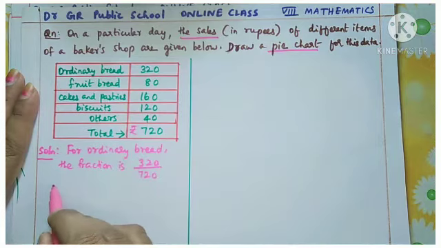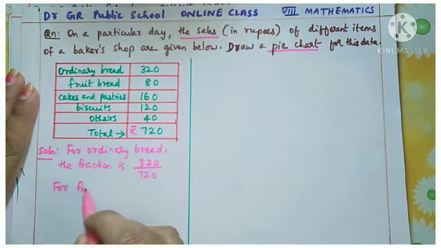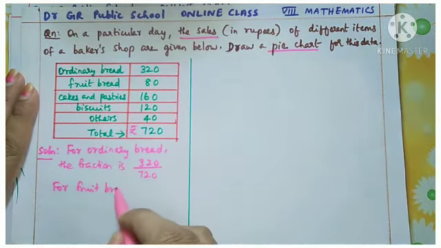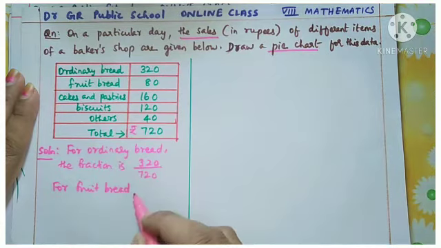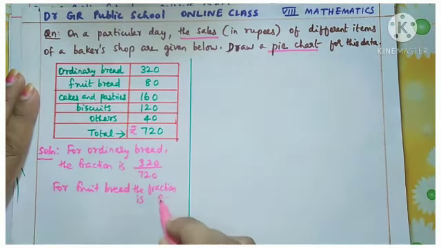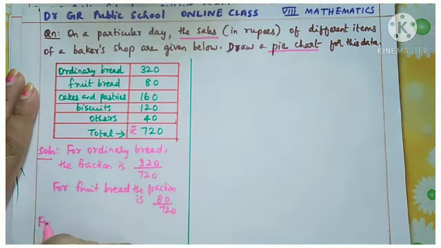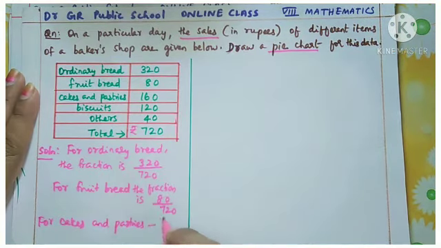Now we can write the fraction for fruit bread. For fruit bread, what is the fraction? The fraction is 80 by 720. Similarly, for cakes and pastries, how much? 160 by 720.